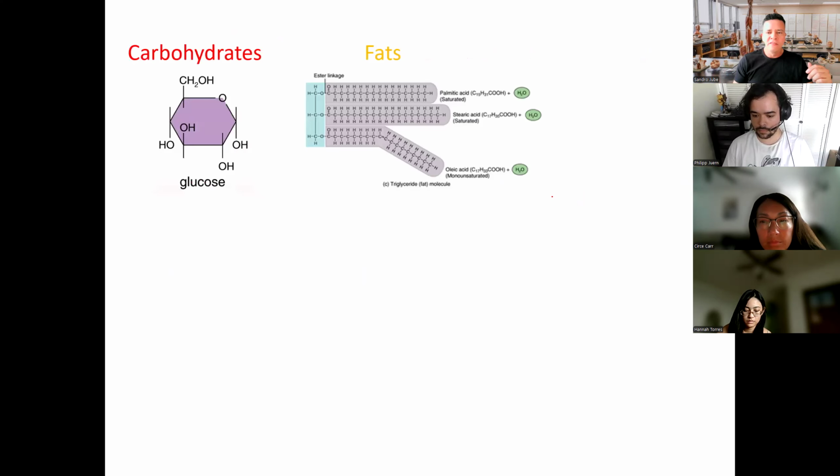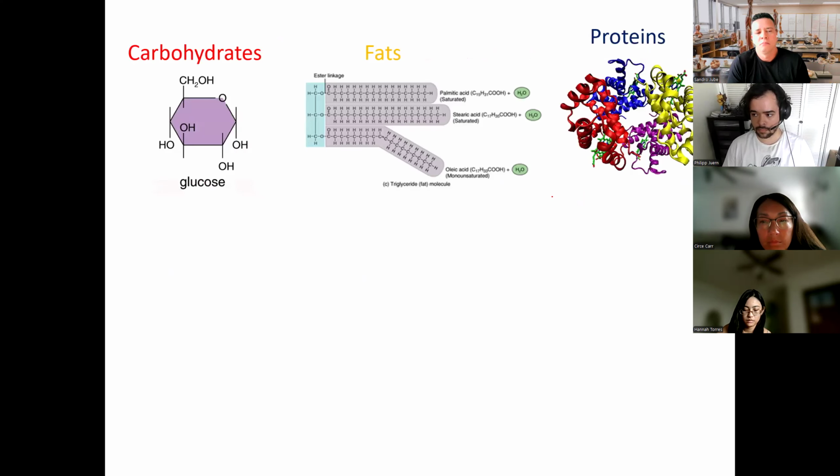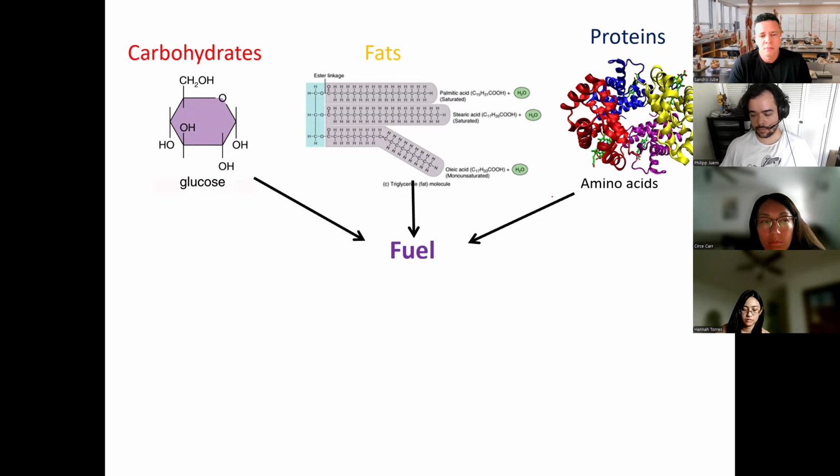Now, what do all of these have in common? Carbohydrates, fats, proteins. What they all have in common in the context of our cells is that they are all fuel sources for the cell. All right?